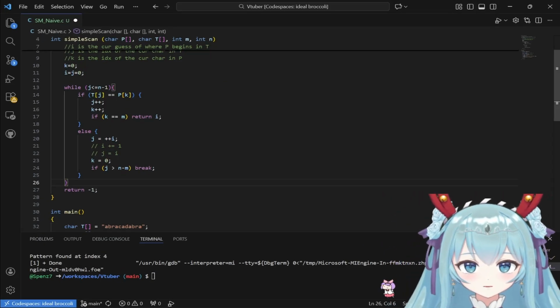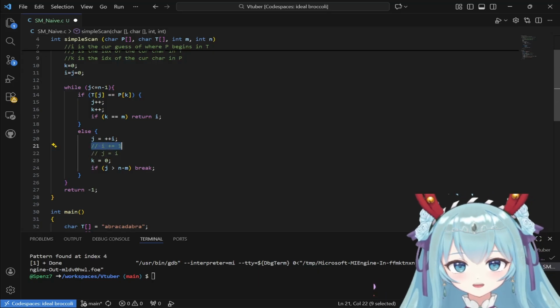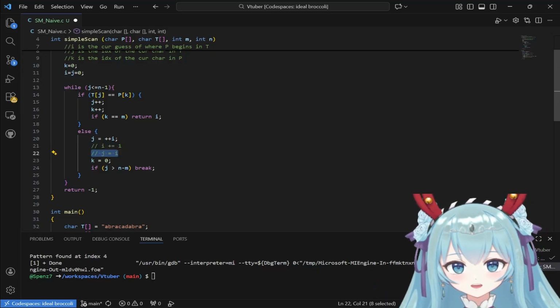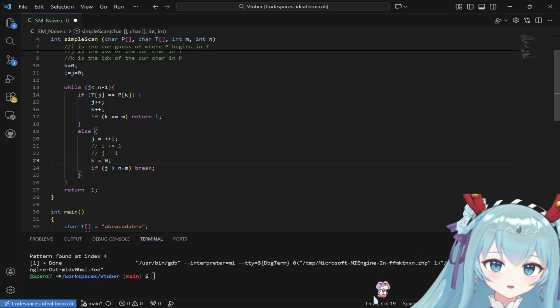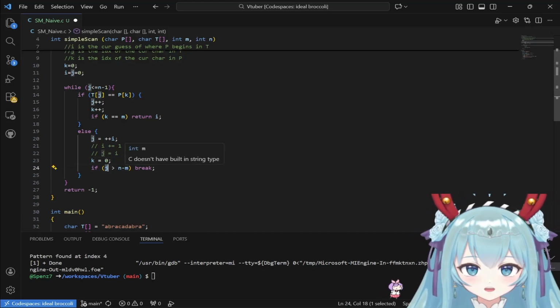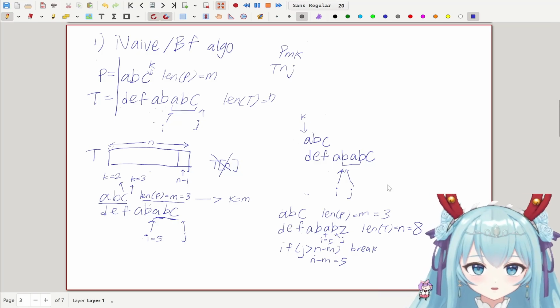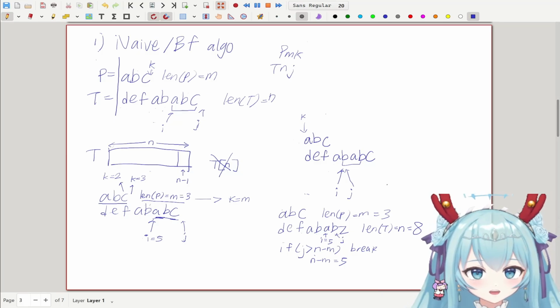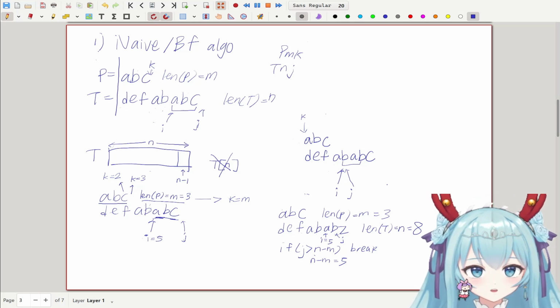Remember what we do is whenever there's a mismatch, we increase I by 1 and then set J equal to I, and K equals 0. So this means that right now, J is pointing to the first character of the new window, which is B.